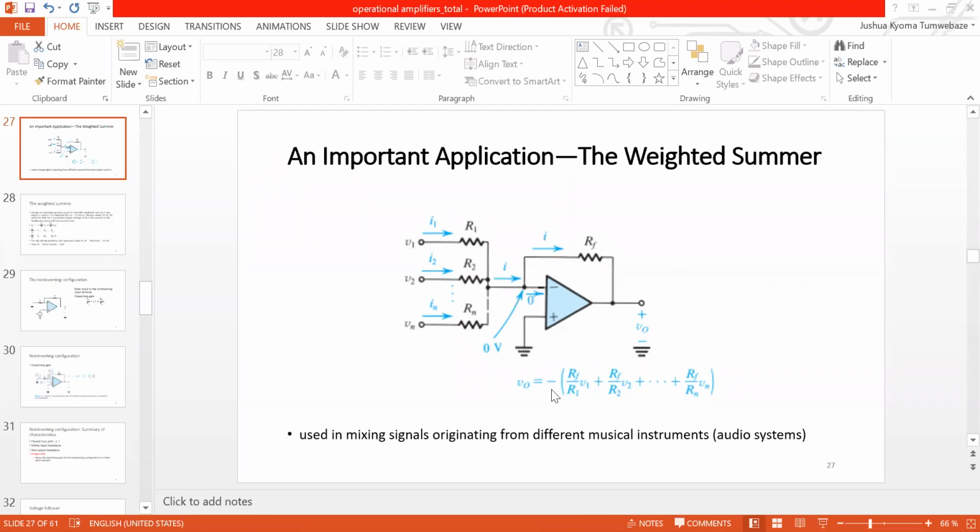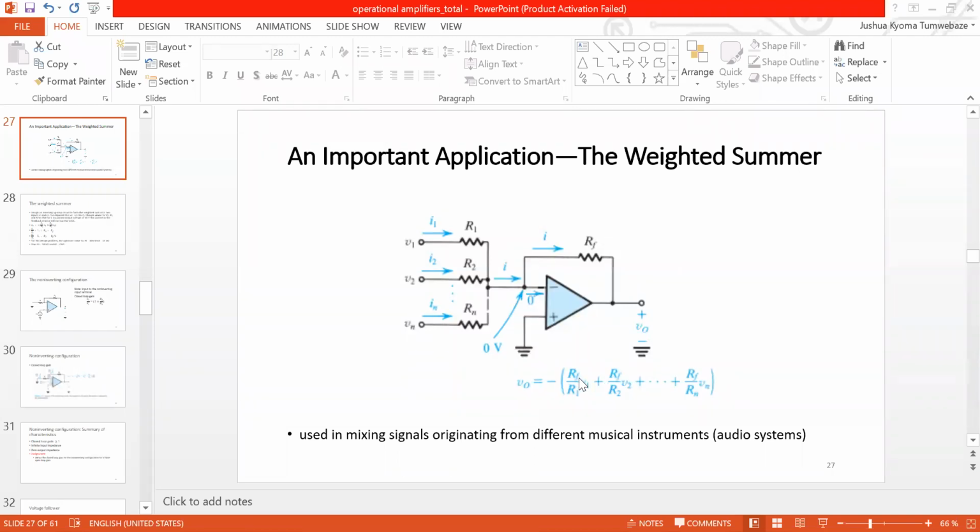V0 is minus, in brackets, RF over R1 times V1 plus RF over R2 times V2 plus up to RF over Rn times Vn. So it is essentially summing the different input voltages.